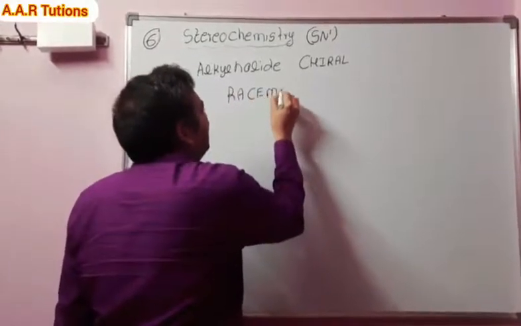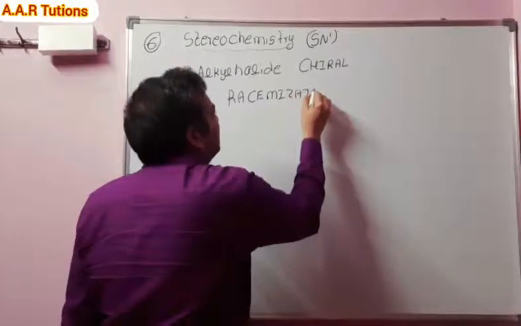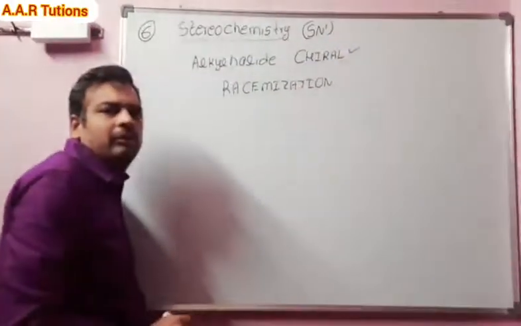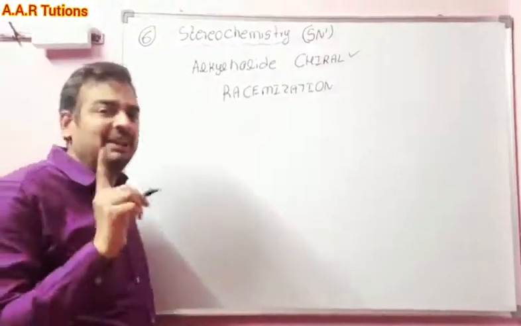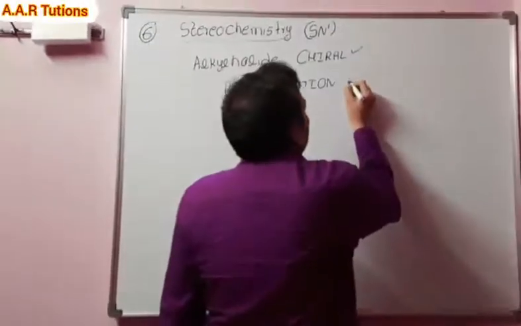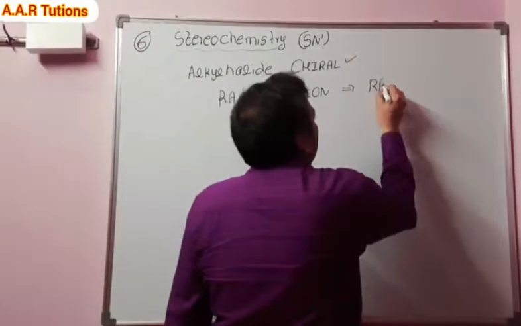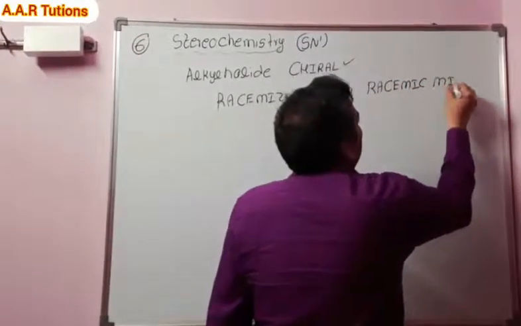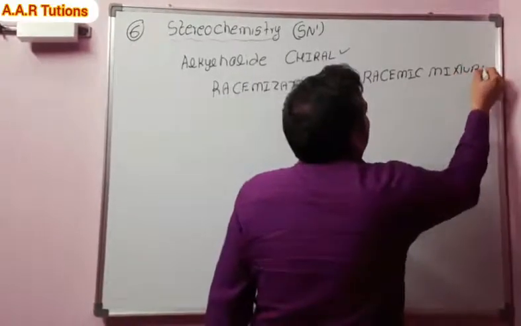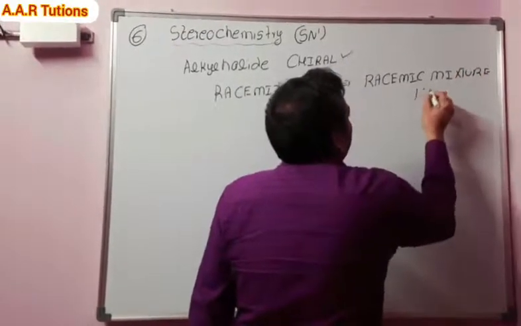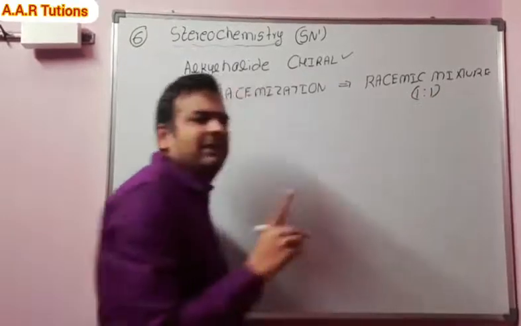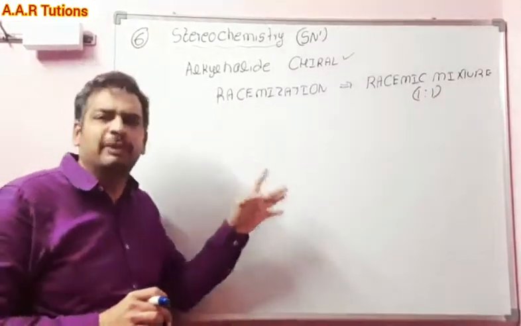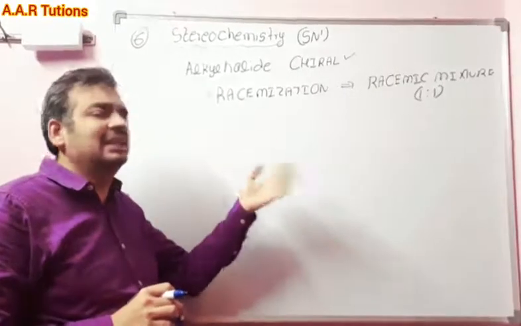After racemization, we will get a racemic mixture. That means a mixture of isomers in 1:1 ratio. Theoretically, a 1:1 mixture of isomers will be formed. That is a racemic mixture: 50% one isomer, another 50% the other isomer.